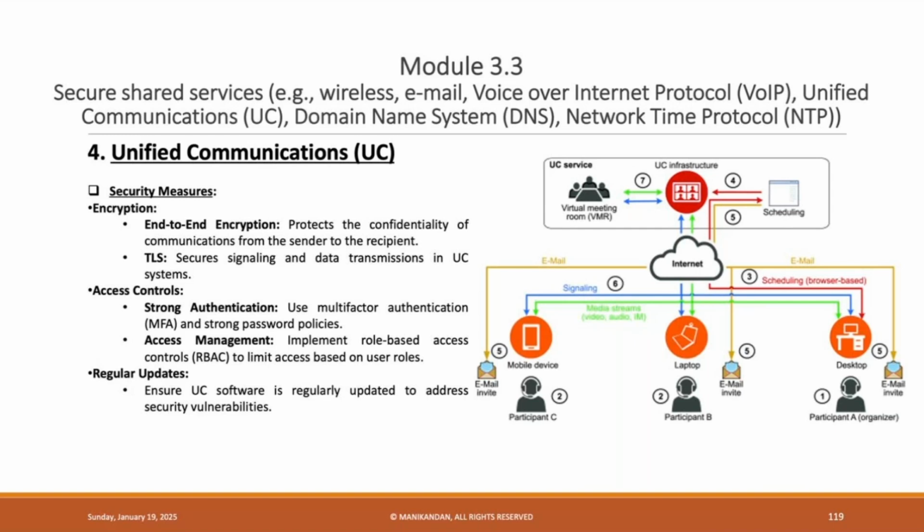A live example is end-to-end encryption in your WhatsApp, Microsoft Teams, Cisco WebEx. Whenever you are joining calls over the audio bridge or over the internet audio, it is all end-to-end encrypted, protected by the TLS protocol, which is used for encryption.